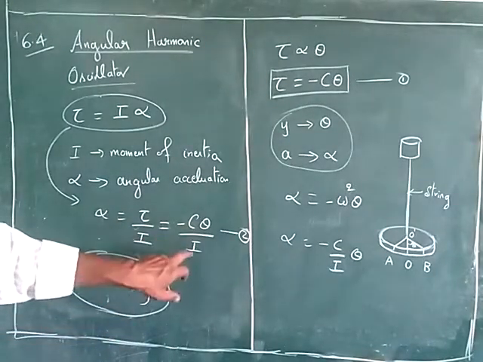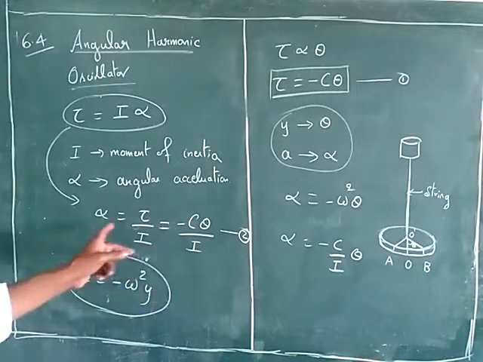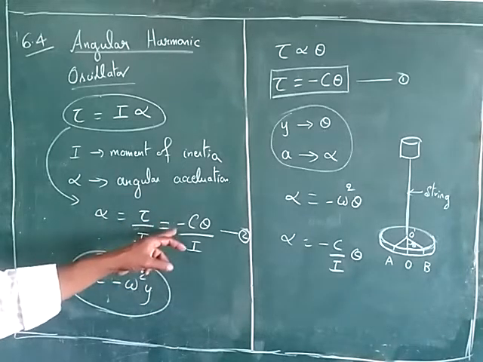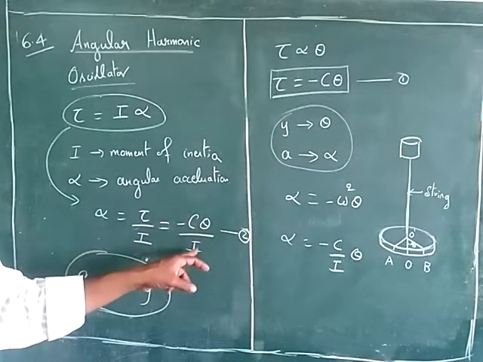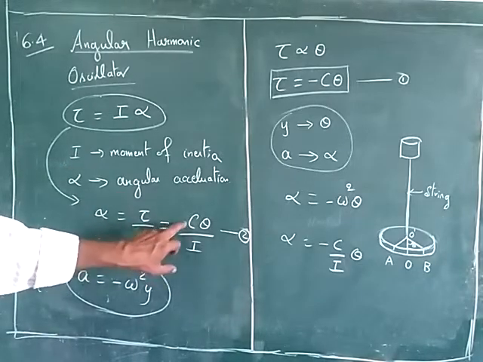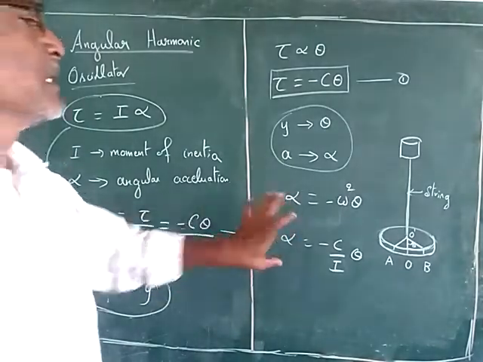Now c by I is equal to, alpha is here, tau by I, which is nothing but minus c by I theta. Therefore you can equate this alpha with minus c by I theta. That's what is written here.